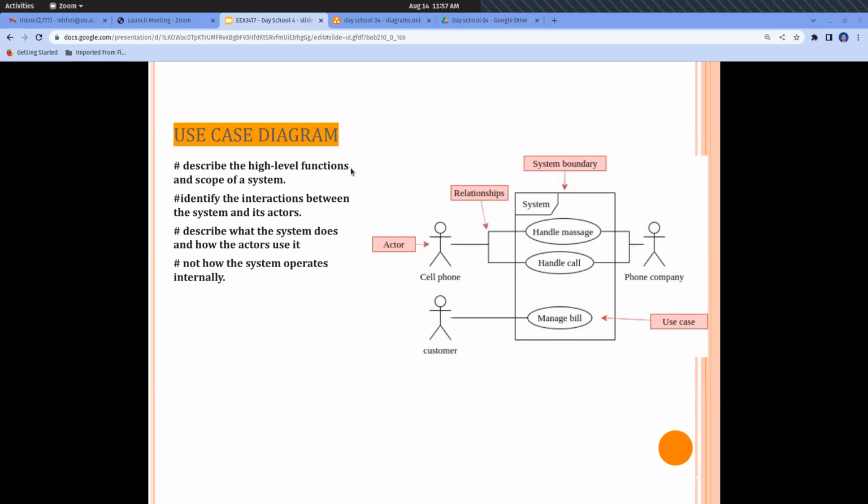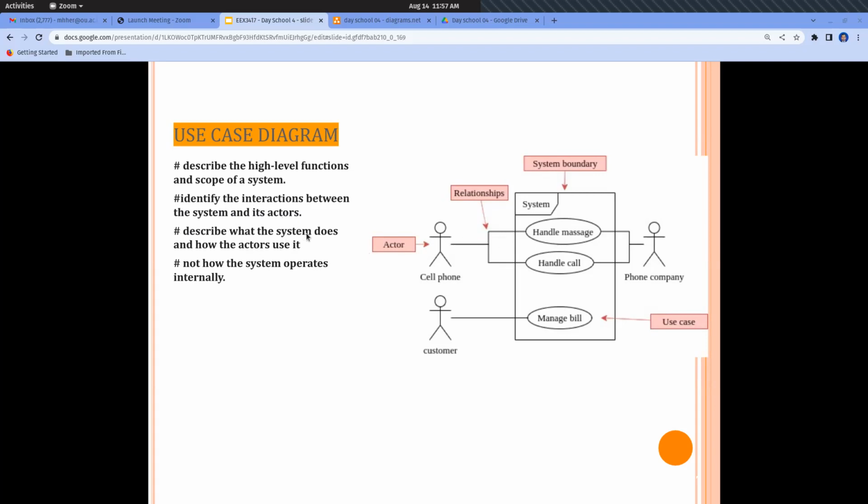Describe the high-level functions and scope of the system. The scope is this system boundary. The high-level functions are handle message, handle call, manage bill. Identify the interactions between the system and its actors, how the actors interact with these use cases.